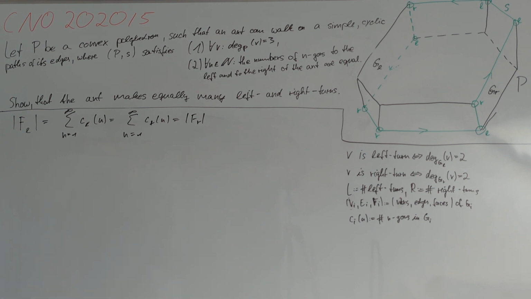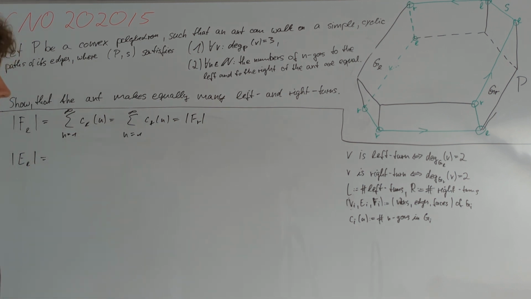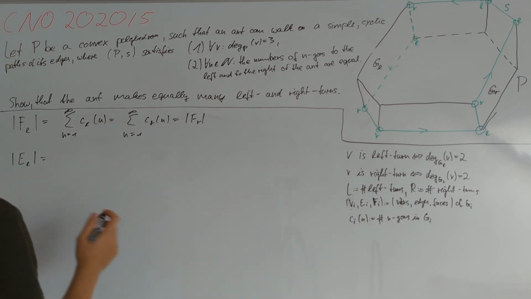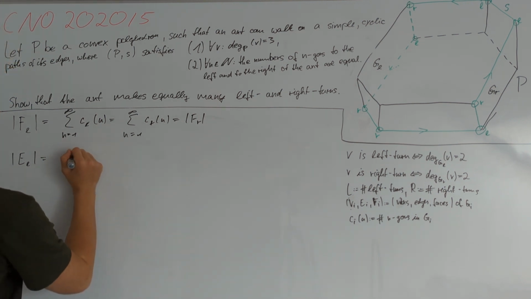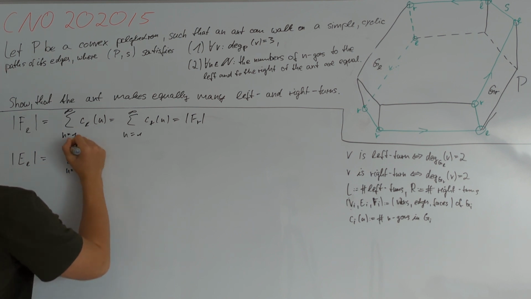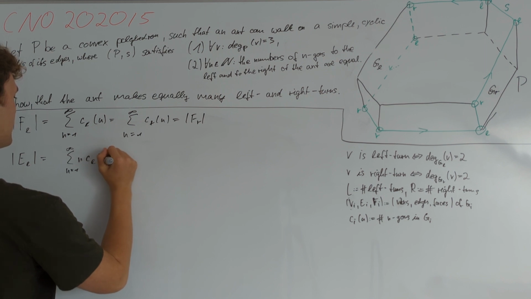This is a good first step. We can do very similar stuff for EL. It's similar to the handshaking lemma because we can count all of the edges twice with the sum from n equals 1 to infinity of n times CL of n.